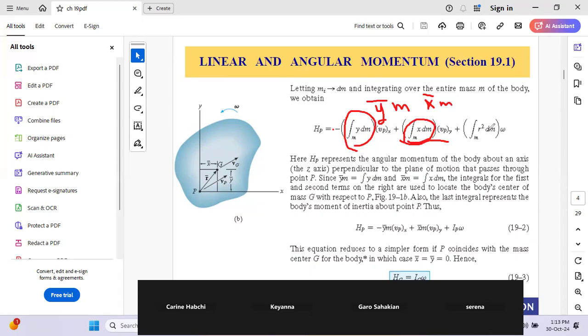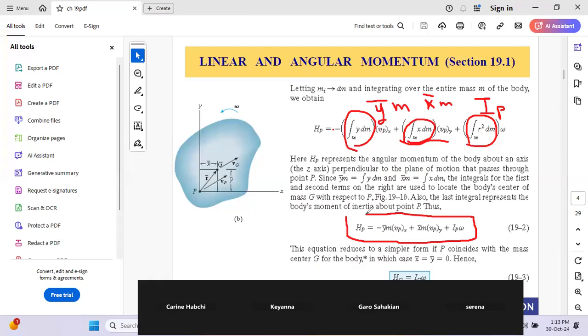And the integral of r squared dm is what? Do you remember what this term is? This is the inertia about point P. So this is how we can calculate the angular momentum about any point P on the rigid body. It's equal to minus y bar m Vpx plus x bar m Vpy plus inertia about P times omega.